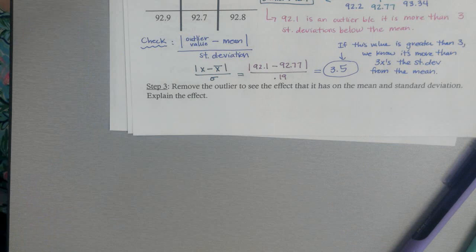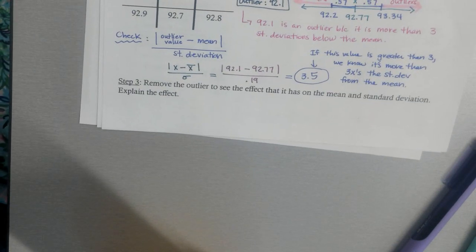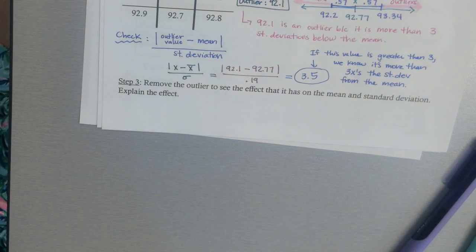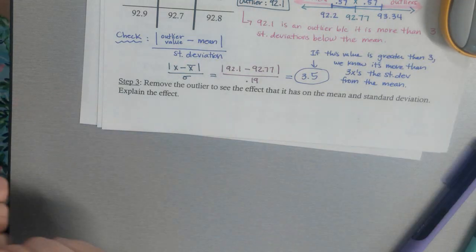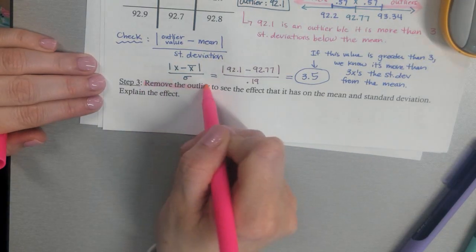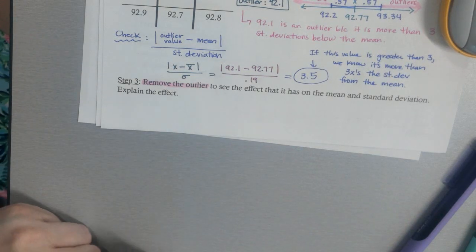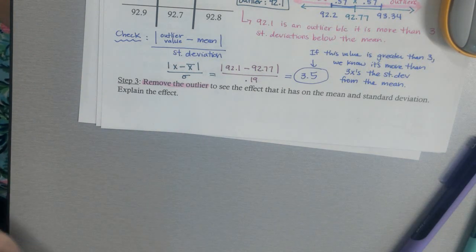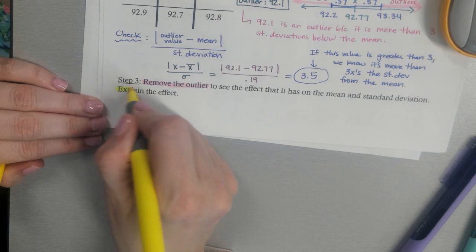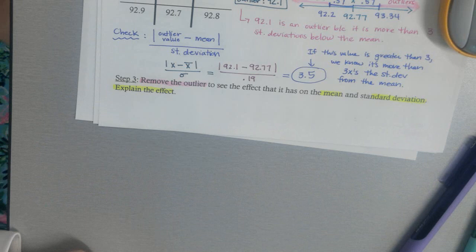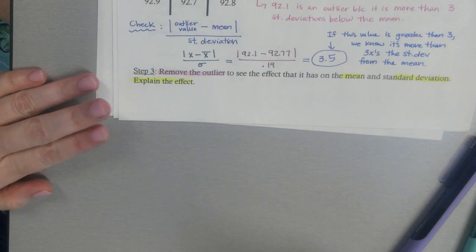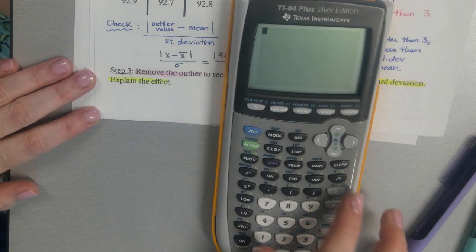Okay, now we did have an outlier here. So we said that the outlier is going to greatly impact the mean and the standard deviation. Let's see how much of an impact it has. So this is to remove the outlier. We're going to remove the outlier and see what effect it has, and we're going to explain this effect on the mean and the standard deviation. So in order to do that, we're going to go back to our list.